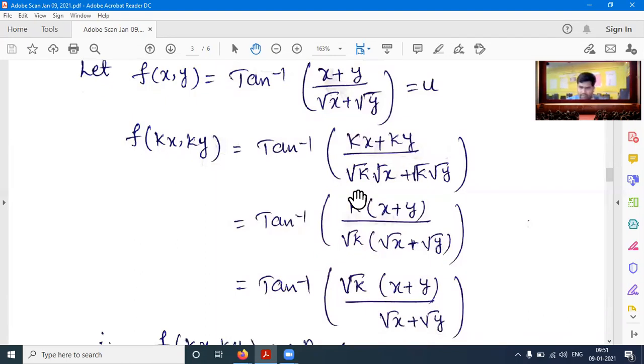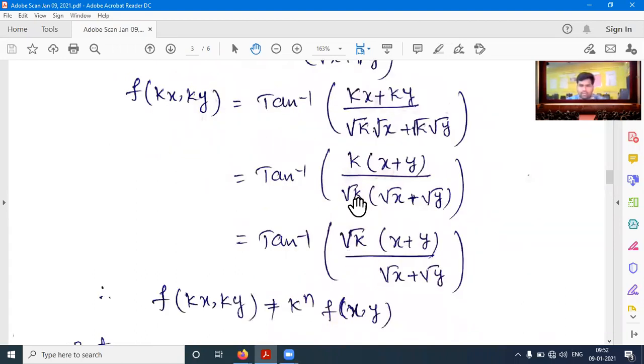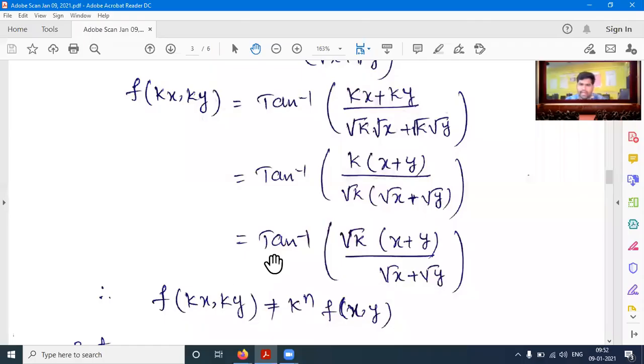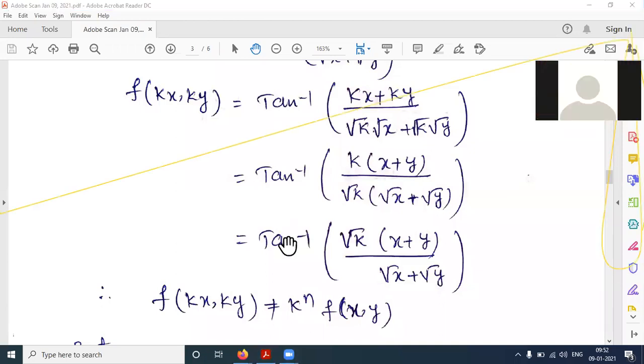So tan inverse of k into (x plus y) divided by root k into (root x plus root y).